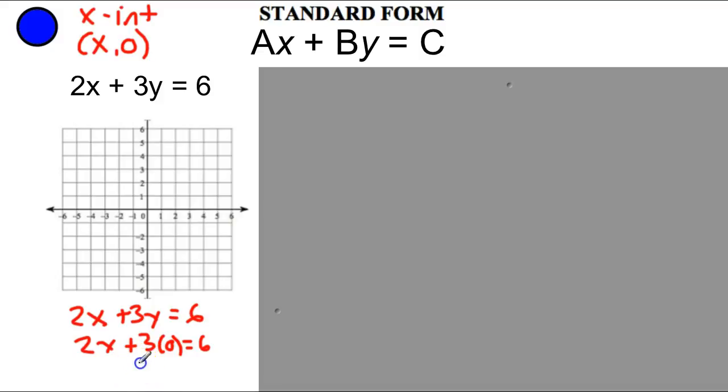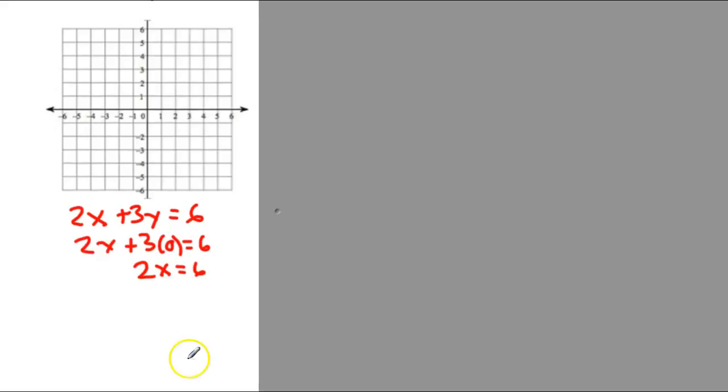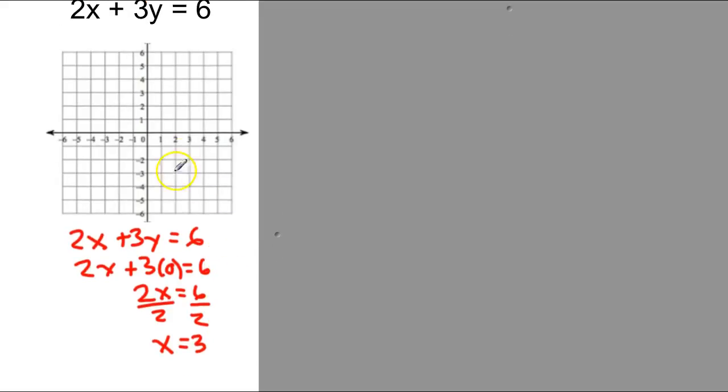So I can just write 2x equals 6. Now when I solve for x, I divide by 2 because this is 2 times x. So divide by 2, x equals 3. So the x-intercept is x equals 3. Cool. I can even put that right there.